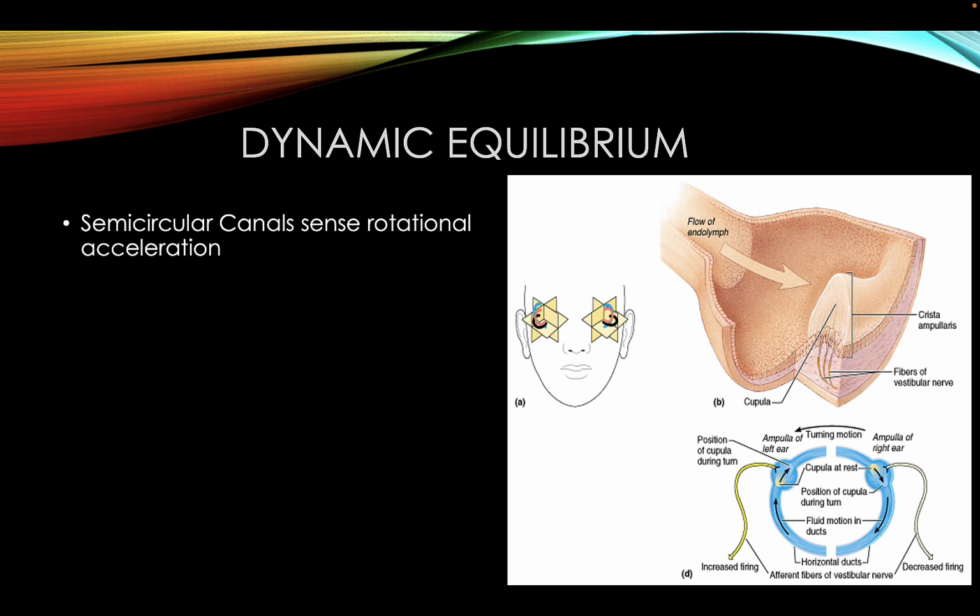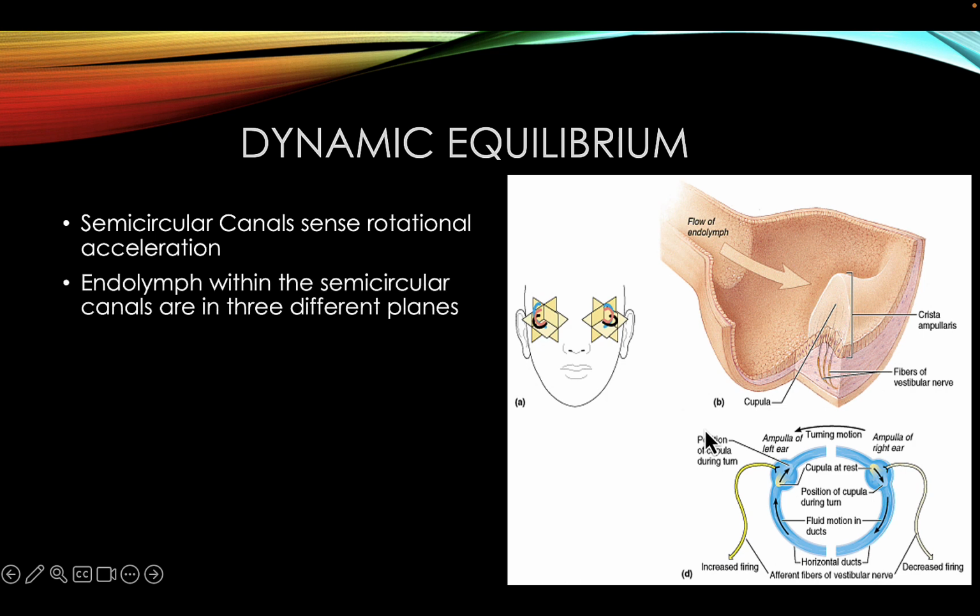And at the base of these canals, you have this region called the crista ampullaris. And the crista ampullaris is made of a gel-like substance here. This is the cupula. And embedded in the cupula are the dendrites, okay, for the vestibular nerve, which is going to help us maintain our equilibrium.